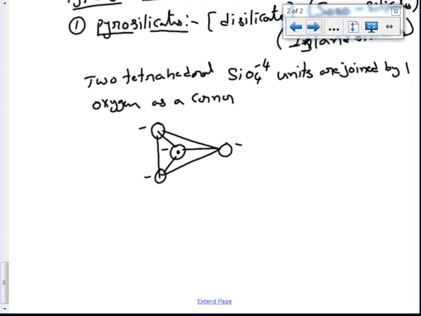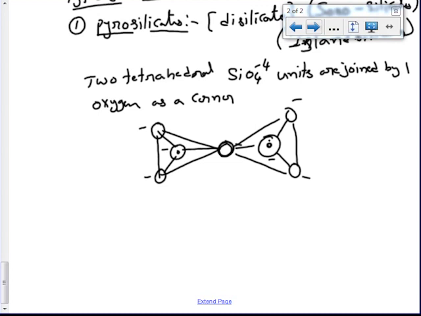There is no minus here, because here again we write one more silicate ion, with an O minus and a dot in the center. Two silicate ions are joined by one oxygen as a corner.